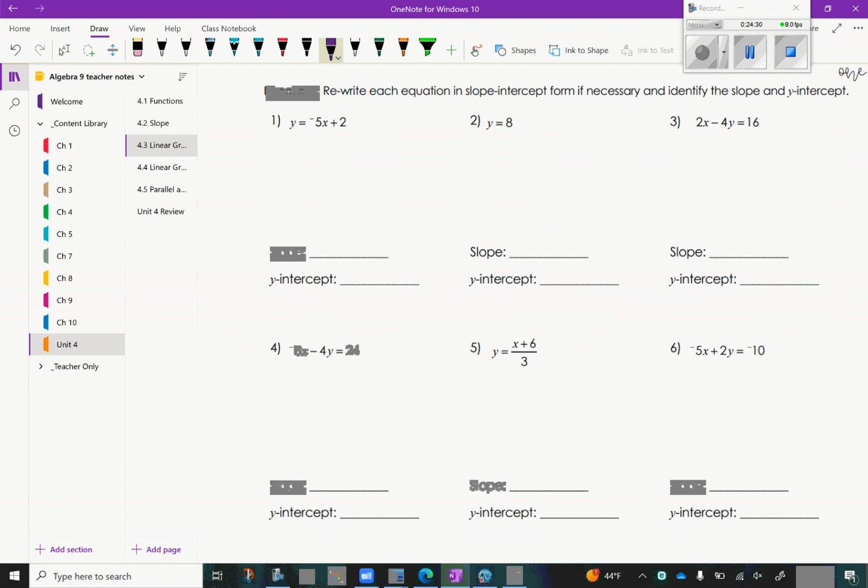Hey, look at that. For number 1, it looks like y equals mx plus b. That's already in slope-intercept form. So our slope here is -5, and the y-intercept is at 0, 2. Again, please, each time, the y-intercept is coordinates of a point.